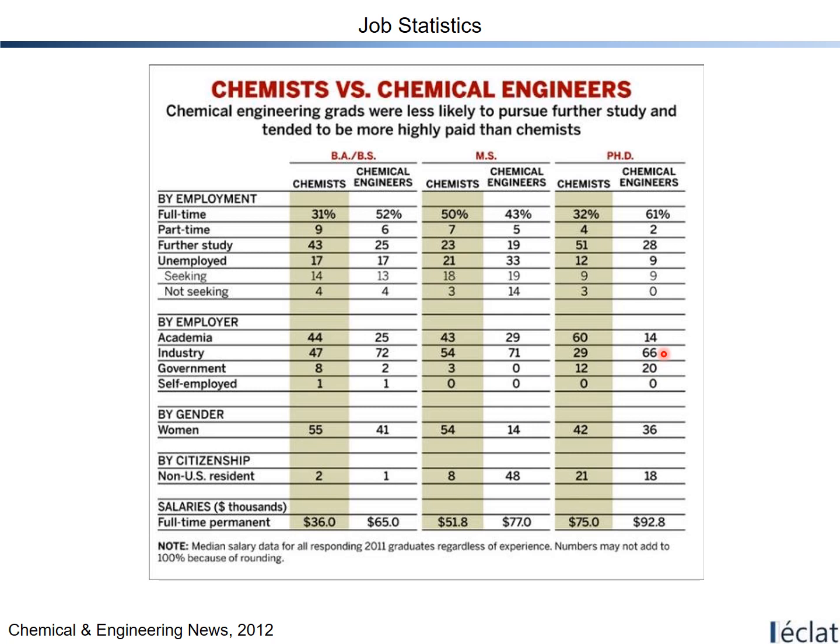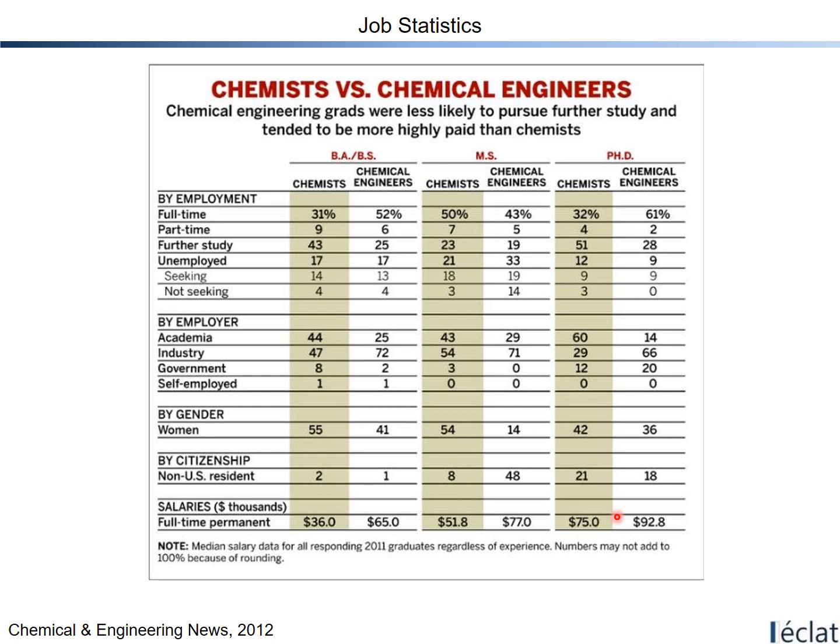There is some reason. Why? Because the salary of chemists is around $75,000 on average. However, chemical engineers would get $100,000 on average. So it is the reason why chemical engineers go to the industries.